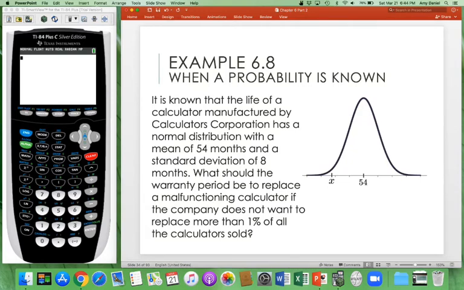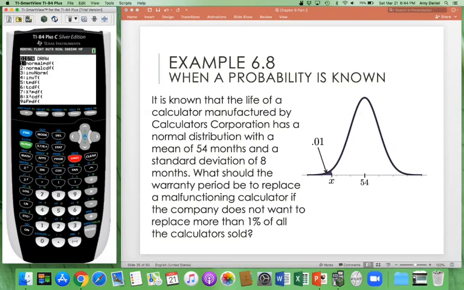I want to make sure that I only have a 1% chance of having a calculator die before that or at that cutoff point. So I'm going to go into my inverse norm. And again, I know I'm looking for inverse norm because I know the probability and I'm looking for the x value. When you do the normal CDF, that's when you know the x value and you're looking for the probability.